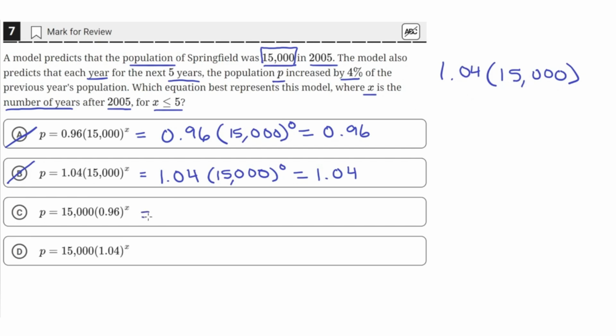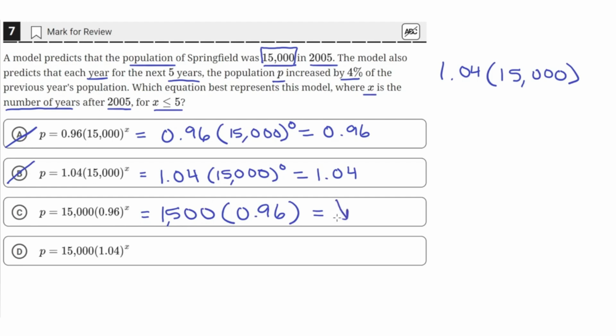So when we plug in x is equal to 1, which is the population after the first year, for answer choice C, we get that 15,000 is multiplied by 0.96. And this is incorrect, because this results in a population that gets smaller.